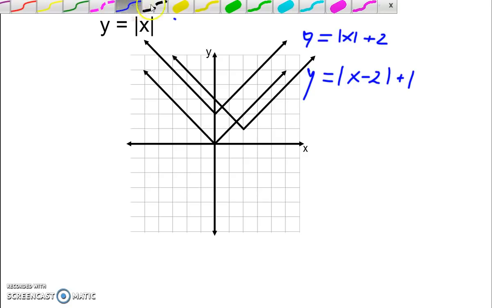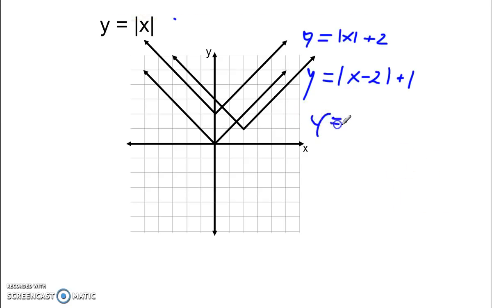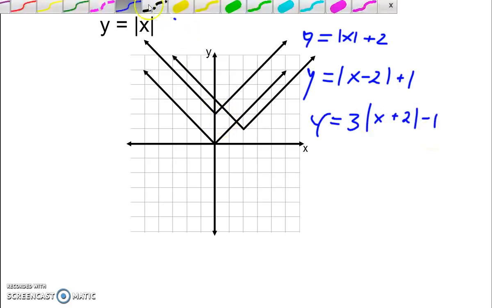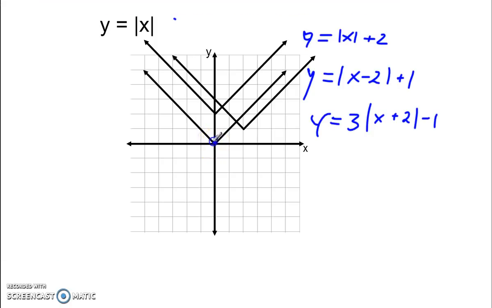If we have y equals, let's say, 3 times absolute value of x plus 2 minus 1. Now let's start with moving just the vertex.